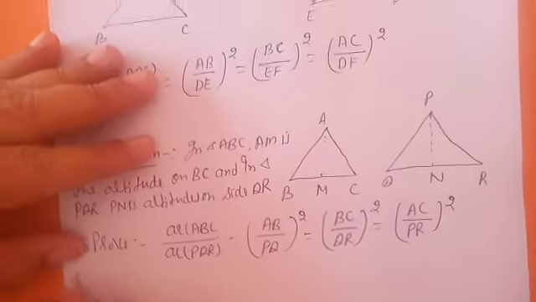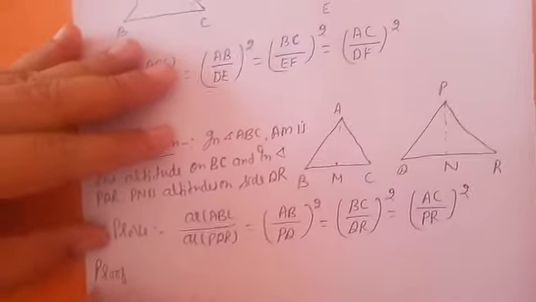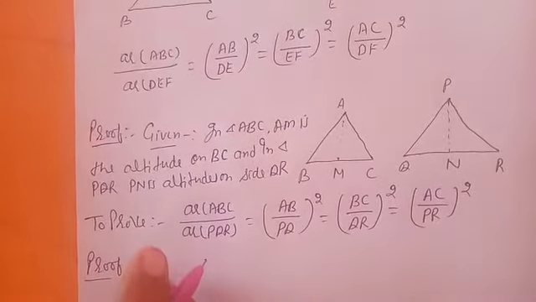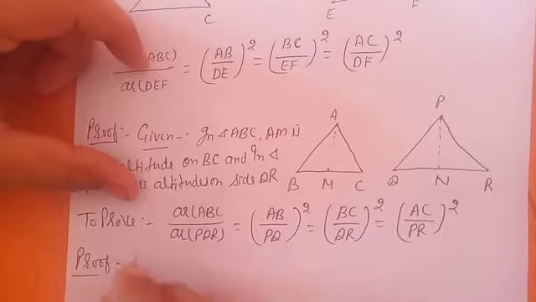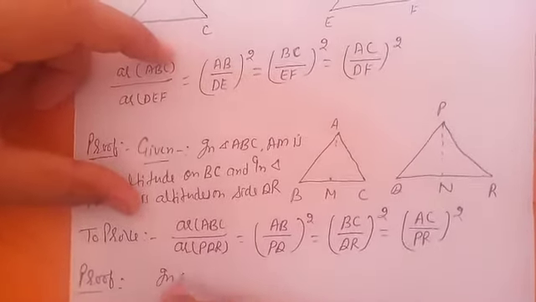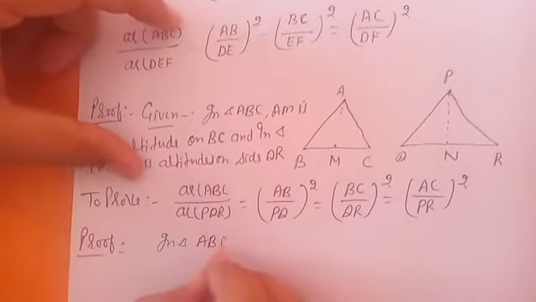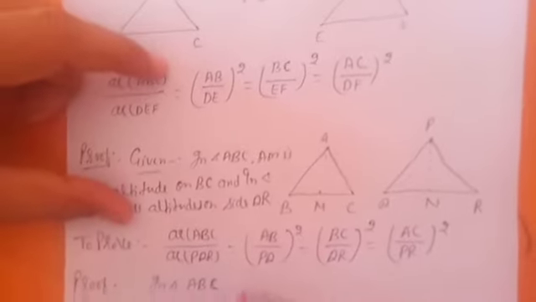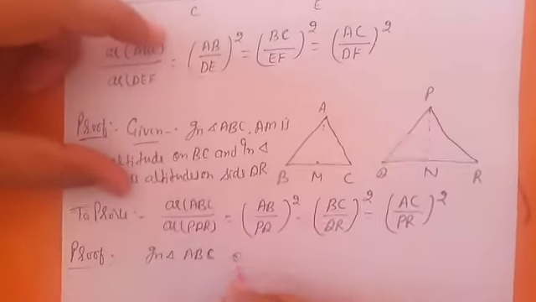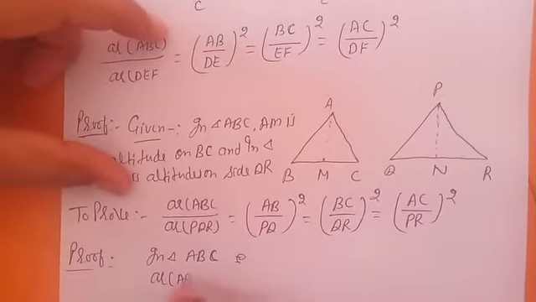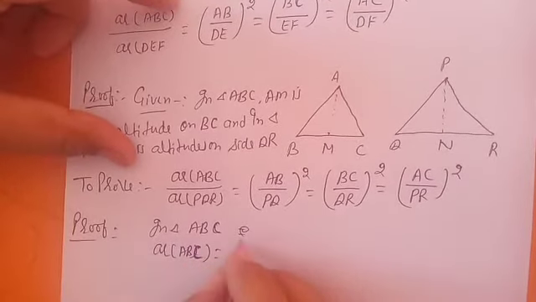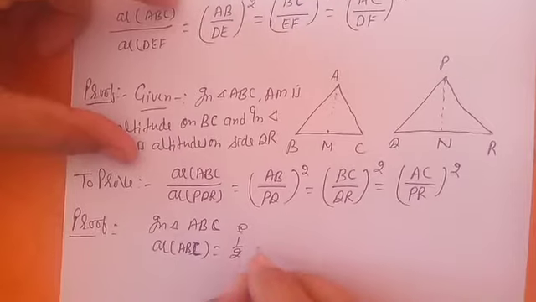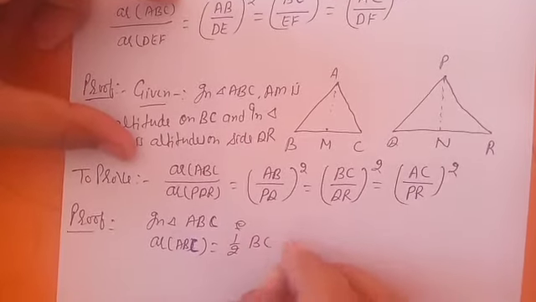Proof. In triangle ABC, what's the area of this triangle? Area of triangle ABC is equal to half into BC into AM.